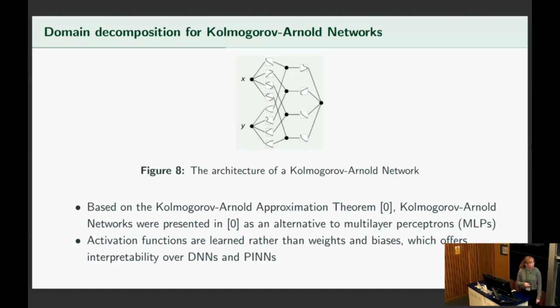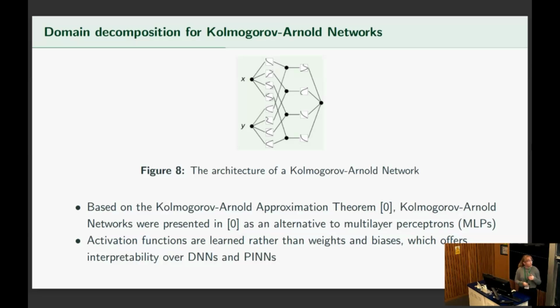The architecture is different from a PINN, because in a PINN you're learning the weights and biases of your neural network, but in a KAN that role flips and we actually learn the activation functions in our network that learn the nonlinearities of your problem. And the claim is that learning the activation functions in this way offers an added level of interpretability over standard neural networks and PINNs.